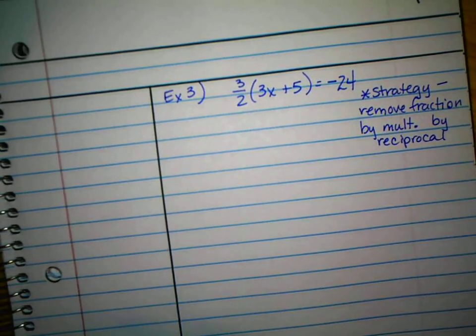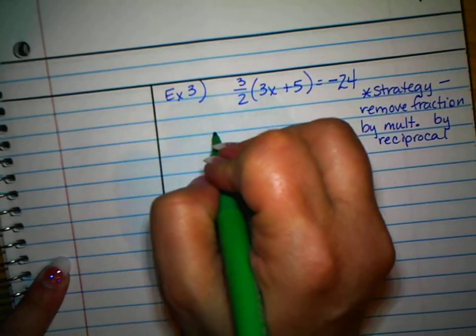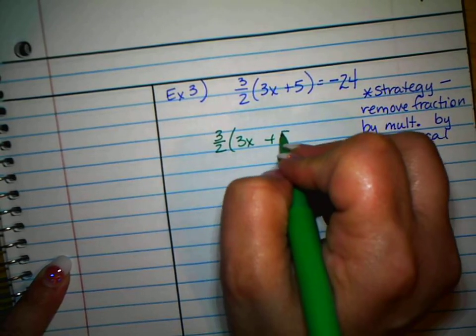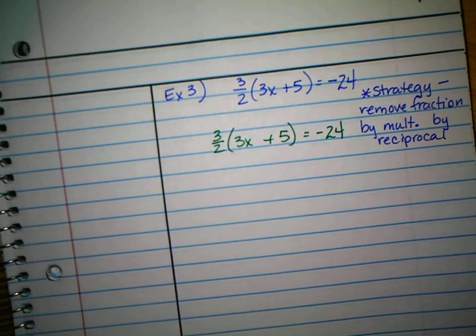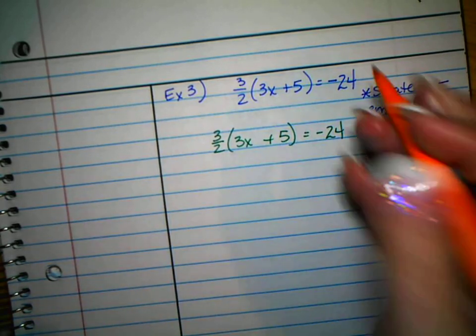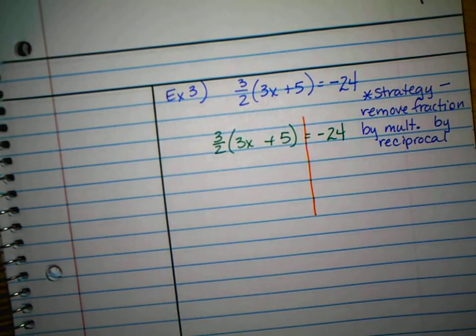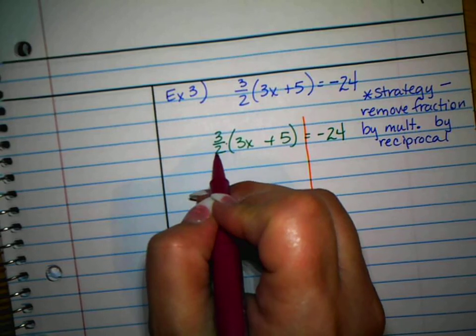And let me show you how that works. Copy down the original problem. Okay. Build the wall. Now I'm multiplying by 3/2.